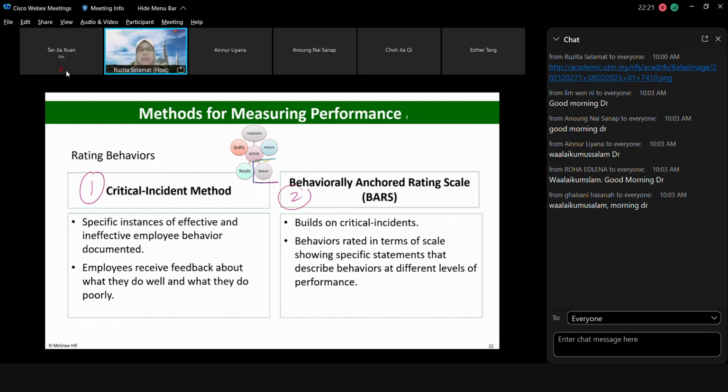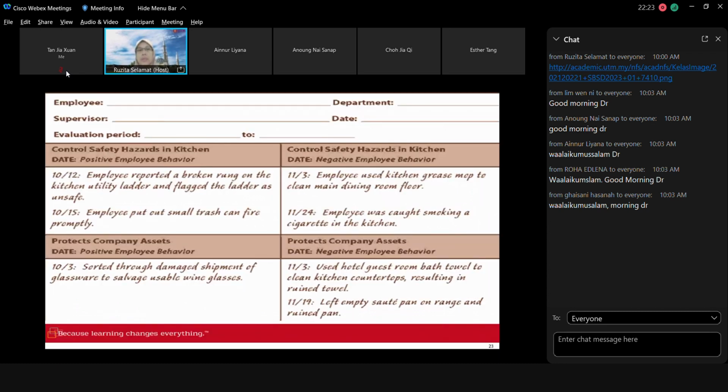Okay, so looking at this example, hopefully you could understand better. This is a partial recording, just a small example of how negative and positive behavior were recorded.